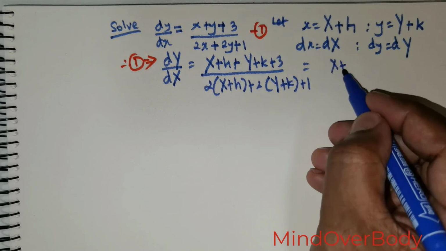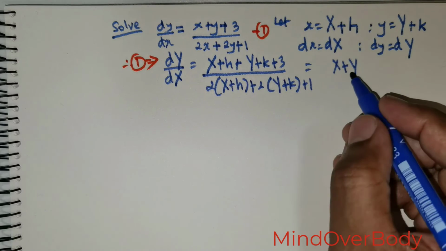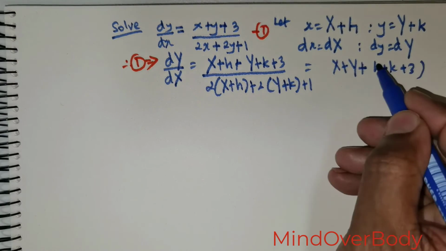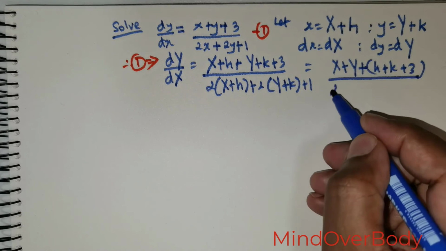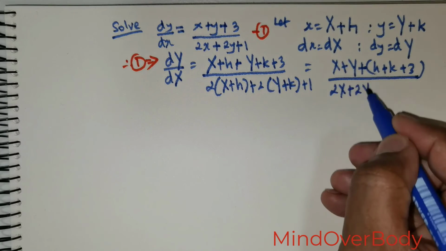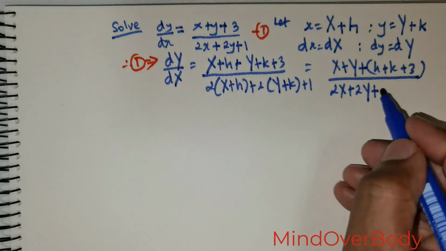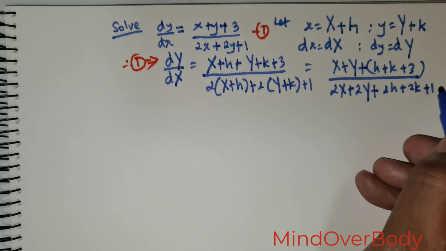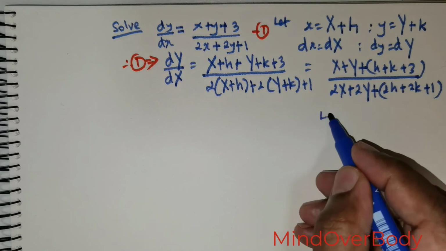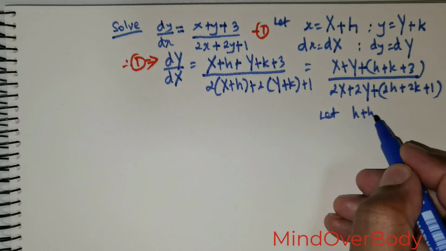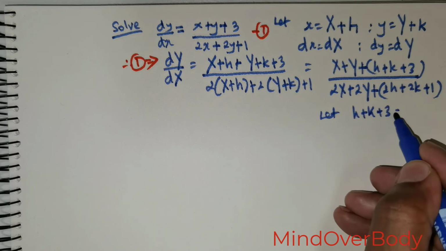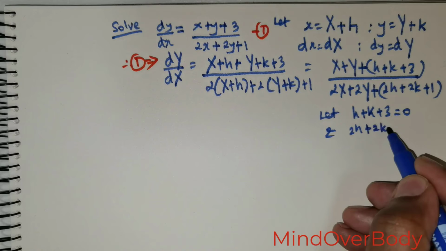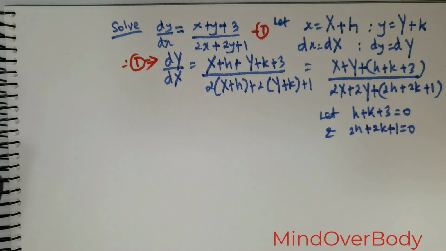I can rewrite this as capital X + capital Y + h + k + 3 divided by 2 times X + 2 times Y + 2 times h + 2 times k + 1. Now let h + k + 3 is equal to 0 and 2h + 2k + 1 is equal to 0.